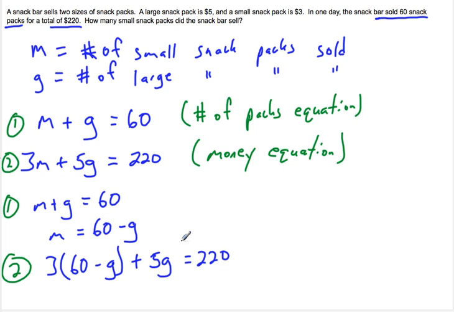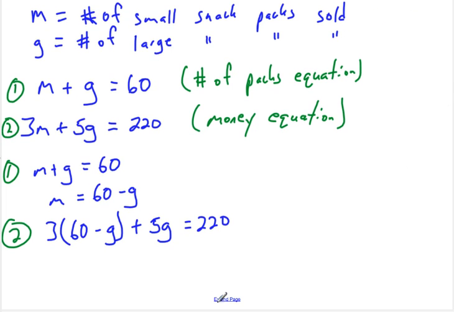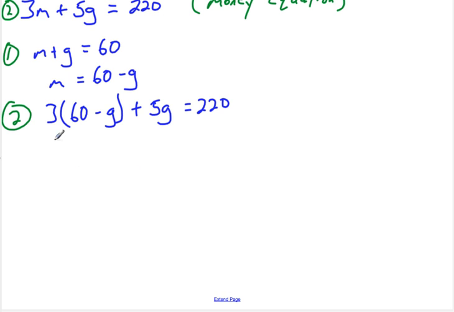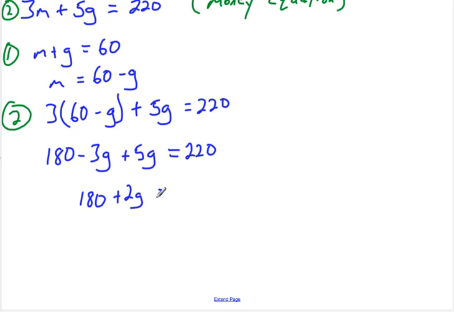And now I just simplify and solve for G. So 3 times 60 is 180. 3 times negative G is negative 3G. Plus 5G, because this is not being affected by the 3. Now I'm going to combine the G's. So I have 180 plus 2G equals 220.